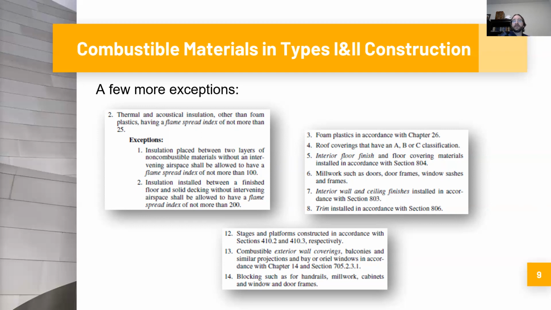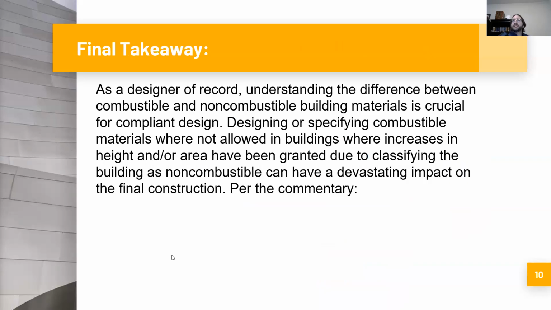But the cladding in some cases can be combustible in accordance with these sections. And then of course, things like blocking for handrails, millwork, cabinets, window and door frames, those are allowed to be combustible as well.